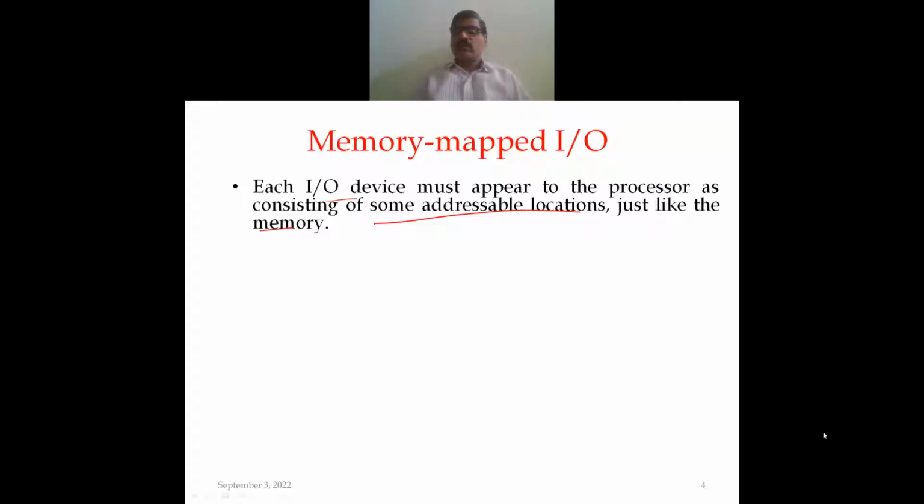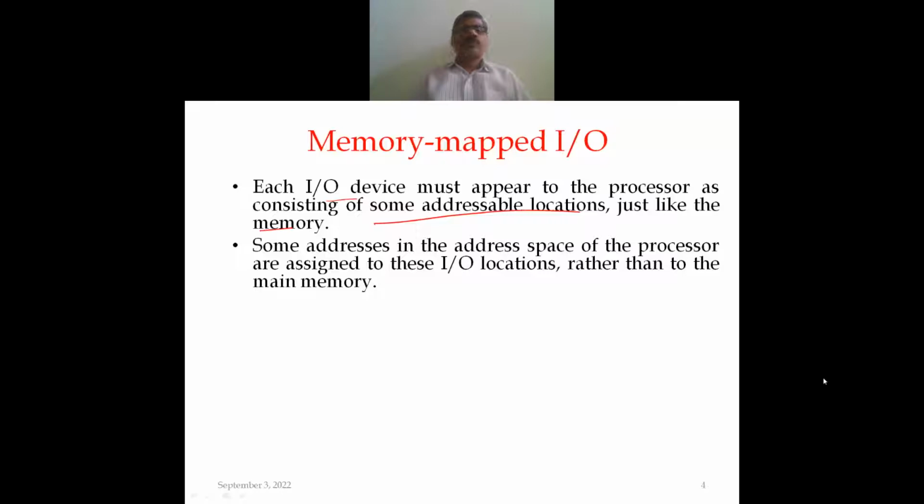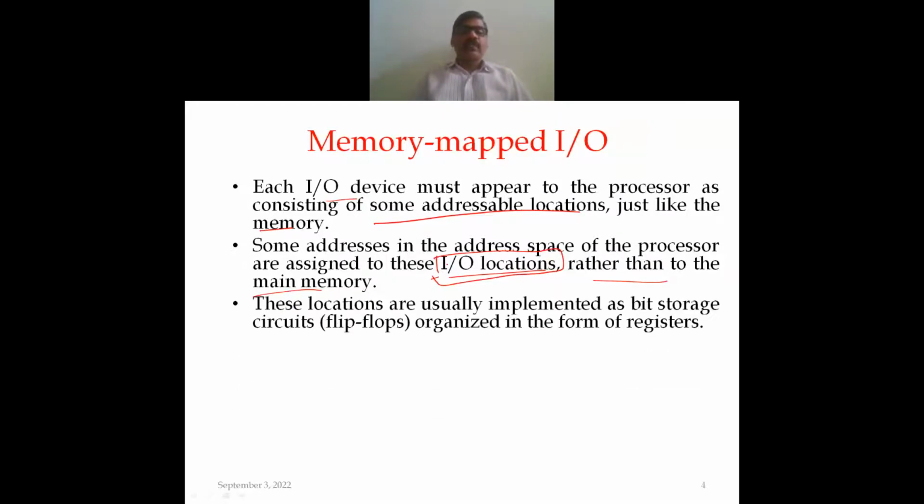So some addresses in the address space of the processor are assigned to these IO locations rather than to the main memory. Those memory locations which are associated with IO devices are called IO locations.